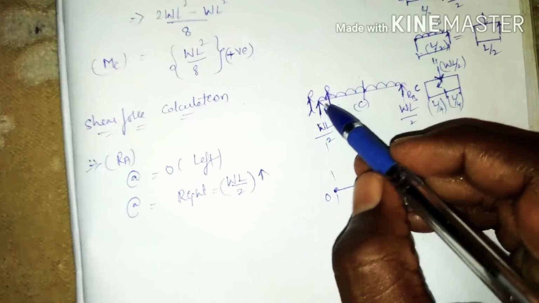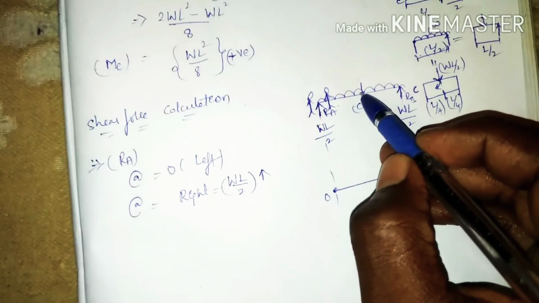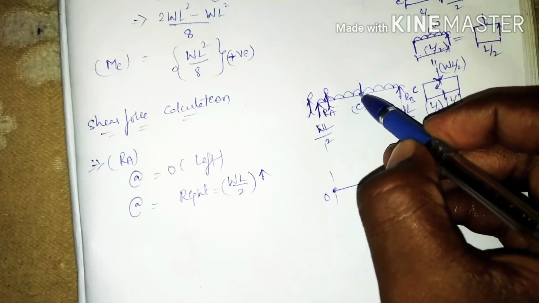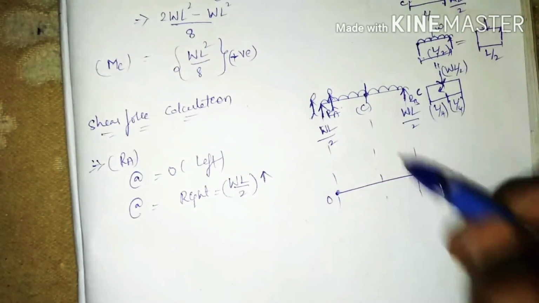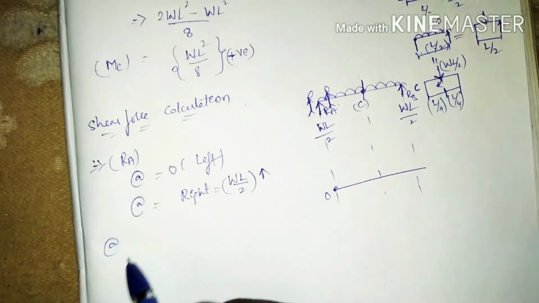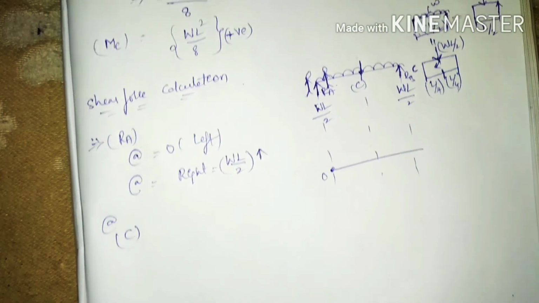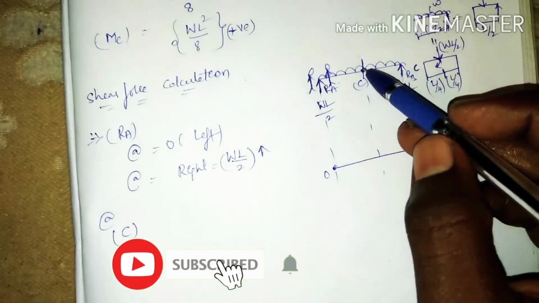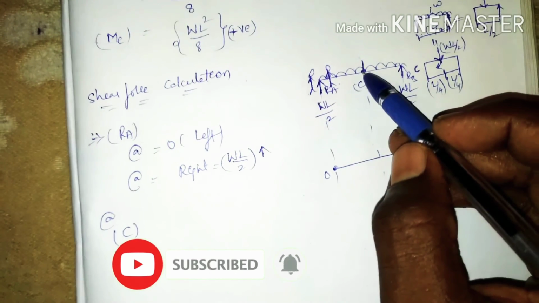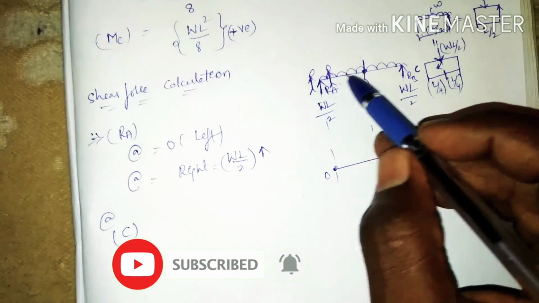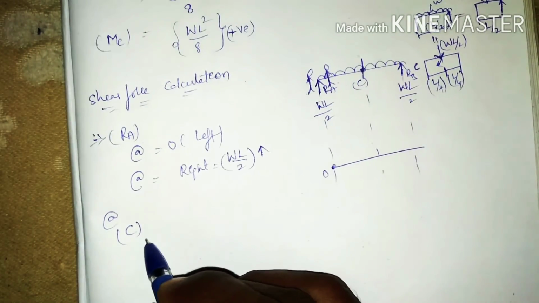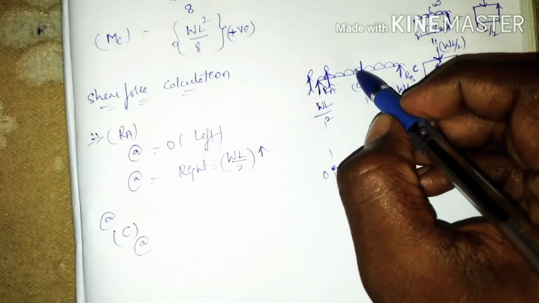And while moving on, at the point C, let us consider this is C. I am going to find here this is L by 2 distance and the load is W, uniformly distributed load up to here.